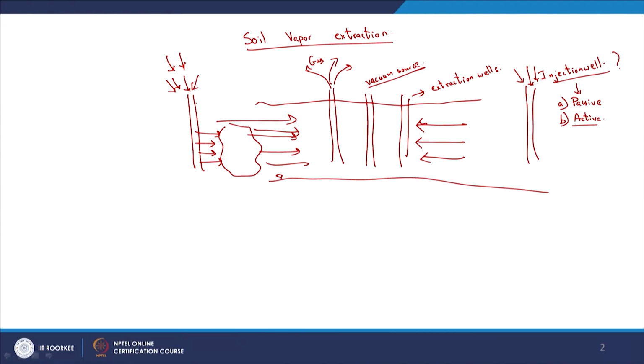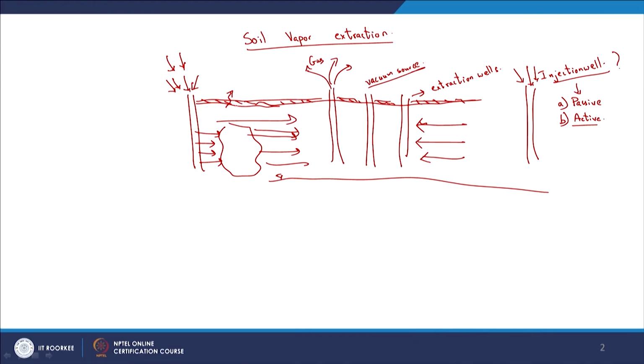In this context, what else do you need to do to be able to remediate with this system? You also need to have an impervious layer here at the top. Again, two aspects. First, when you notice that this vadose zone or the gas there is contaminated, you obviously do not want that contamination to escape out; you want to control that.